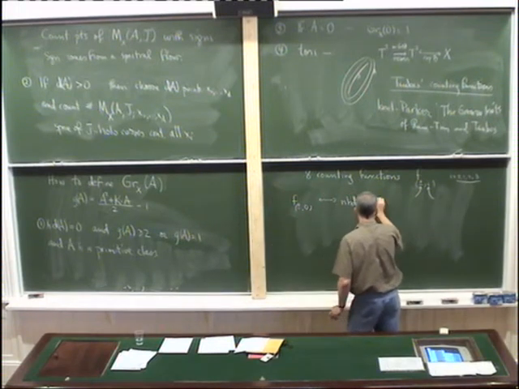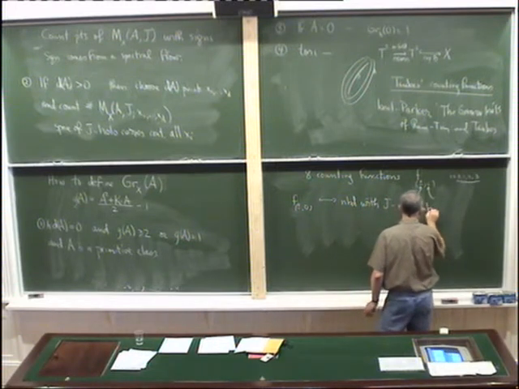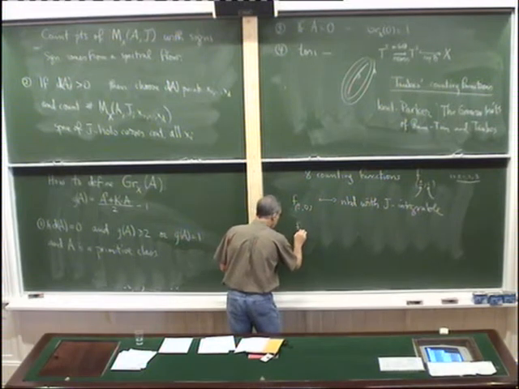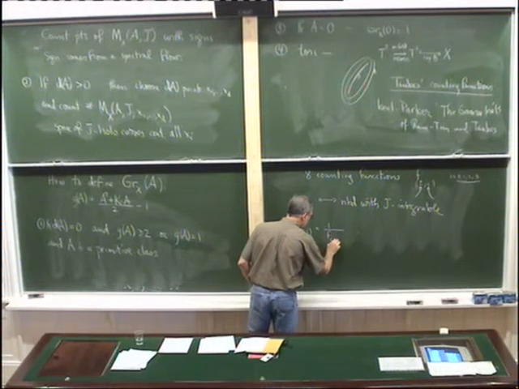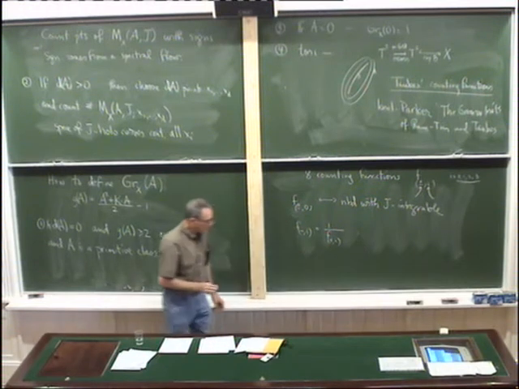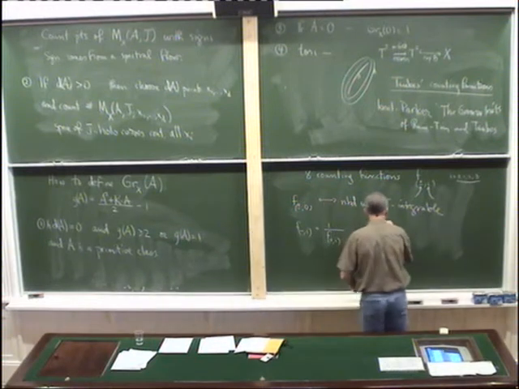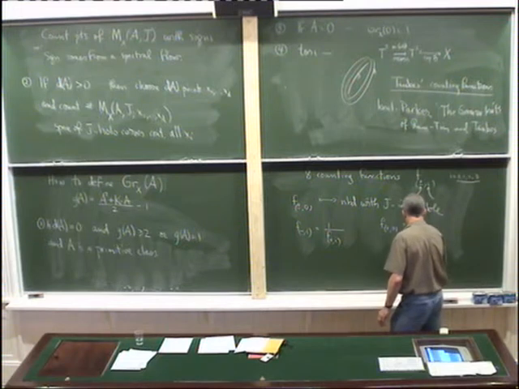So let me tell you what these functions are. First of all, f minus I is 1 over f plus I, so we only have to know 4 of the functions. f plus 0 is 1 over 1 minus t.